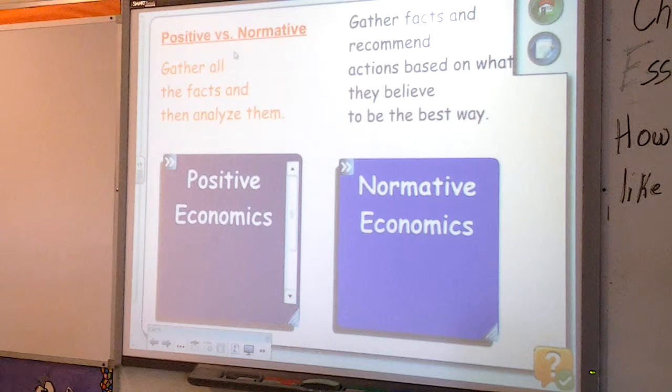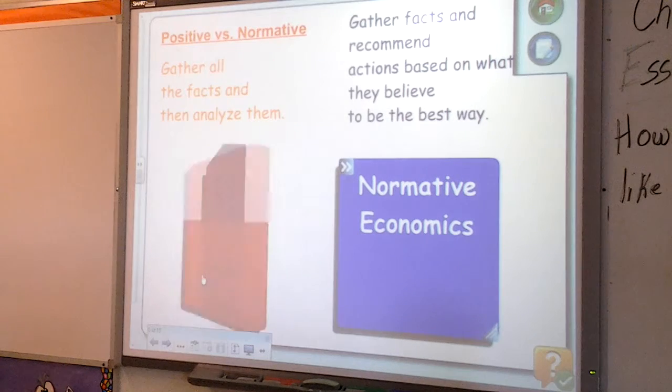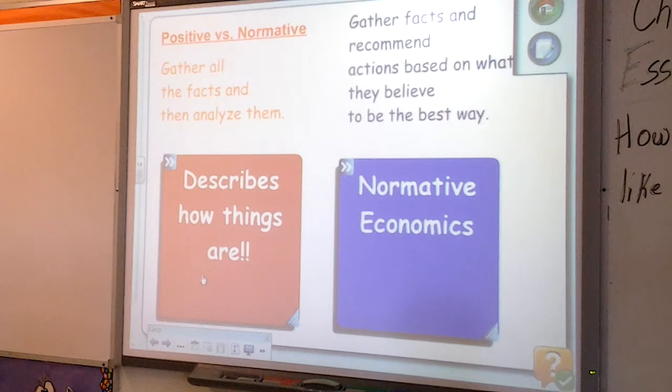These are facts that I can analyze. Positive economics describes how things are. This is the way it is. I can look at these facts and do some sort of analysis or some kind of statistics.